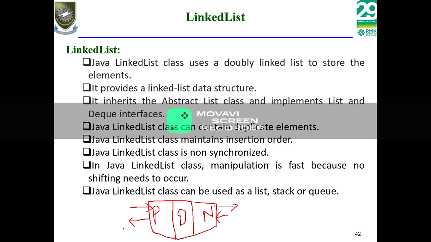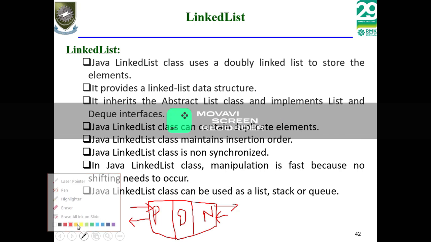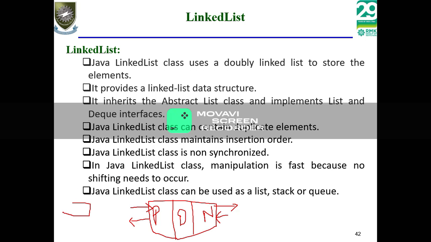What do you mean by shifting? In a normal array, consider you have 3 elements: 1, 2, 3. An array follows the index order, starting from the 0th index, then the first index and then the second index.